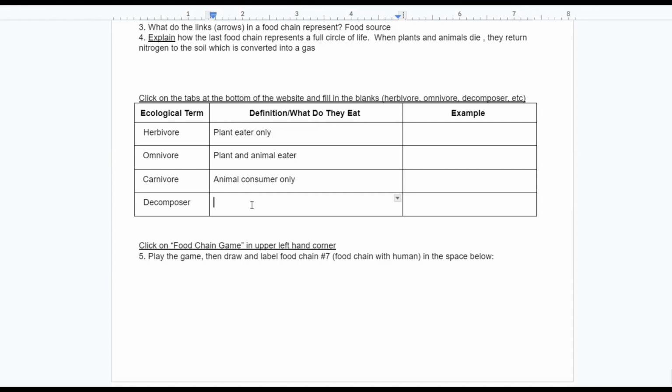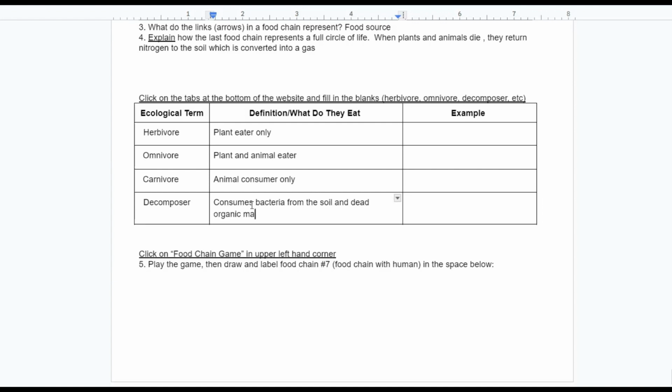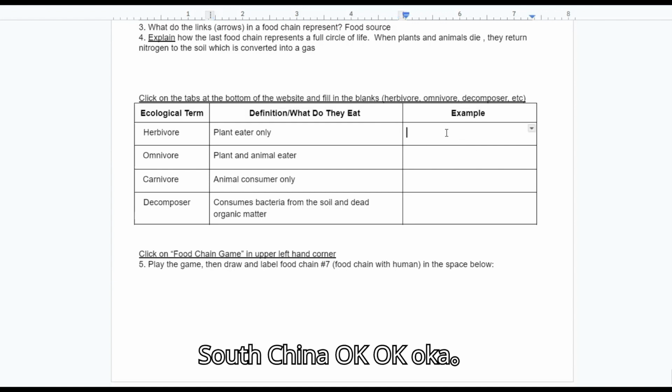All right. A decomposer consumes, that's why it's a better term, bacteria from the soil and dead organic matter. All right, is that correct? So example, what's this?